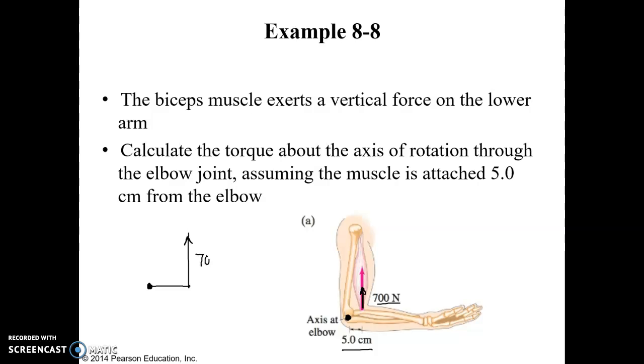We have a 700 Newton force that is making a right angle, and it has a radius of 5.0 centimeters. Now, centimeters is not the standard unit we like to use, so we should convert that. For every 100 centimeters, there is 1 meter, so we're going to divide this by 100, which means we're going to move that decimal place 2 places to get 0.05 meters.